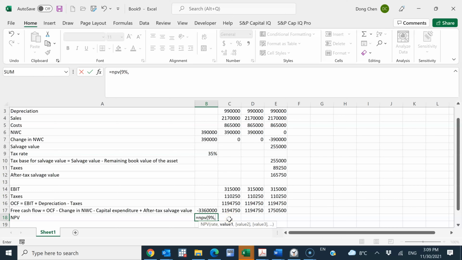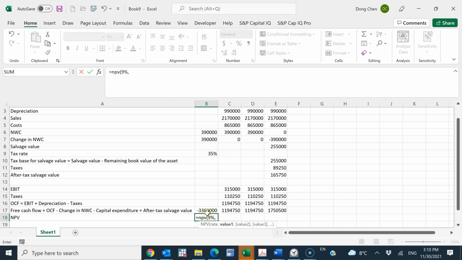So that suggests the NPV function in Excel actually only calculates the PV of the future cash flows. It doesn't include the net part of the NPV. So after we have used the NPV function to get the PV part of the NPV, we still need to manually add the initial outlay in order to calculate the NPV.